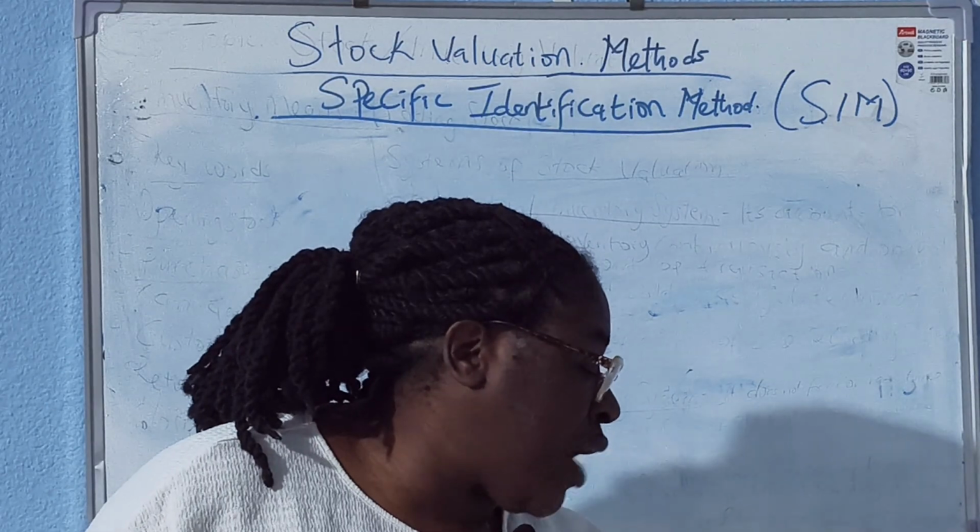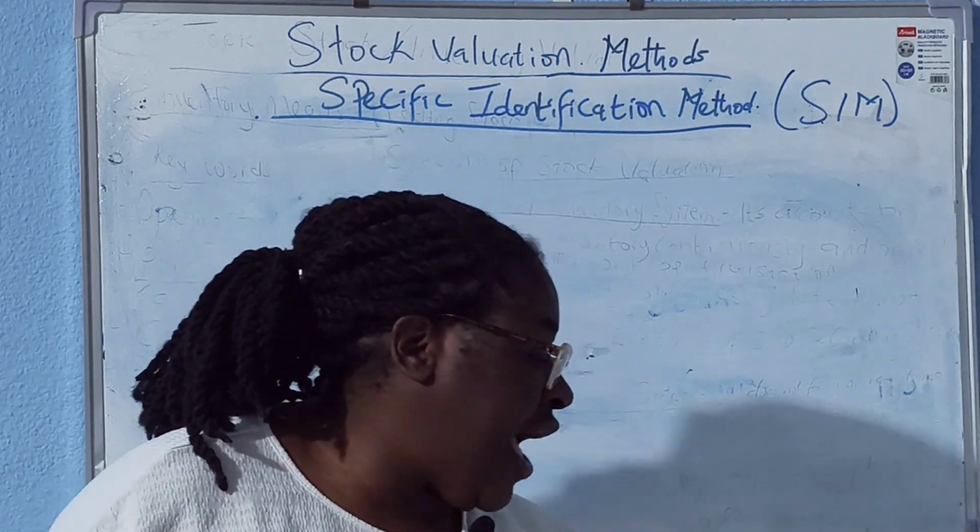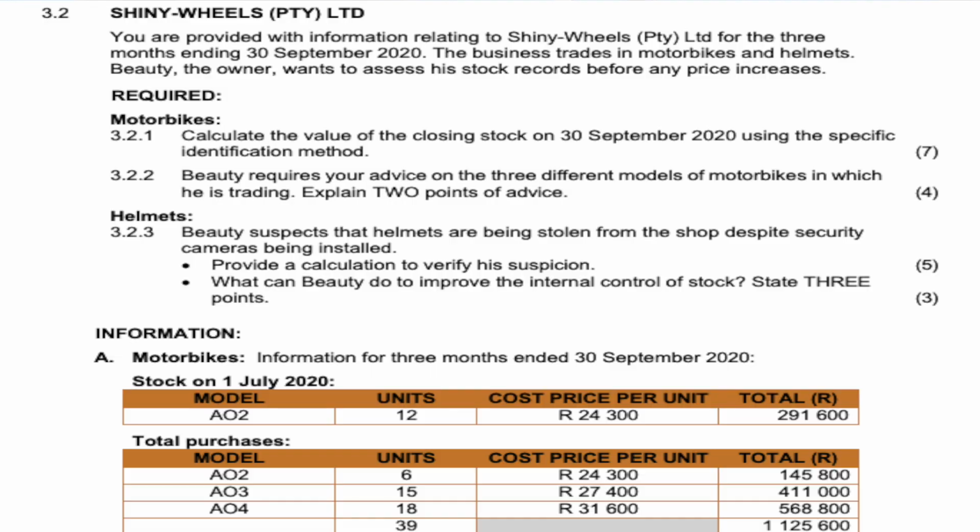Now, if you check down, you will see your information. Information A gives you the stock on hand at the beginning of the year, which is the opening stock. You can see there that only one model is left as the opening stock.